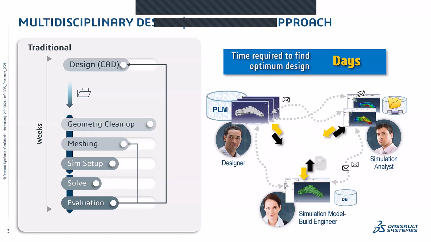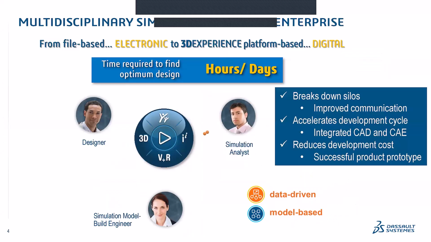And this process is very iterative, and it has to continue until the final KPIs are met from all the different multi-physics design points of view. And this kind of manual exchange of data and communication really does slow down the whole process, and it's also prone to errors.